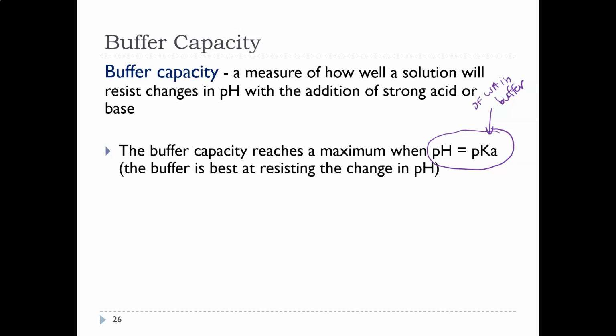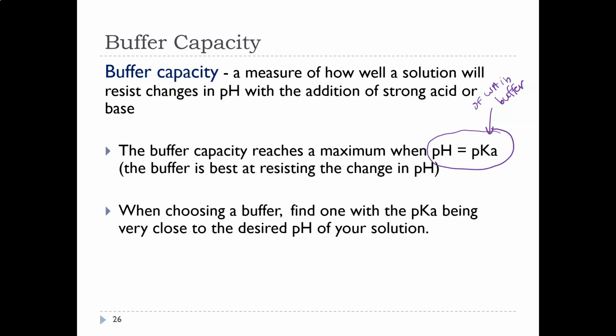So that's why most textbooks list in the appendix the pKa values instead of the Ka values, because this is when knowing the pKa value is more useful.